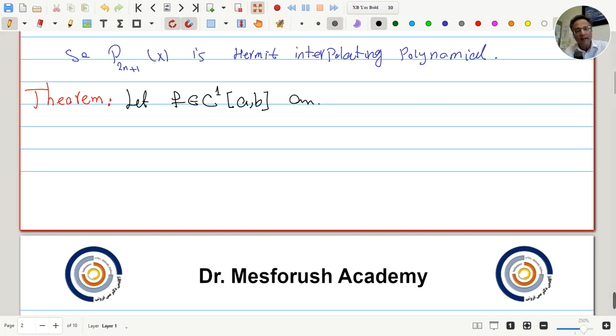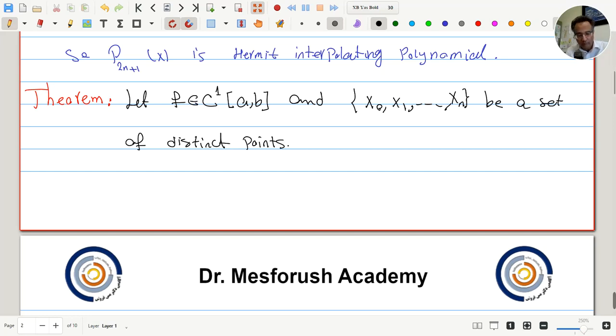And suppose that x_0, x_1 to x_n be a set of distinct points in the interval [a, b].